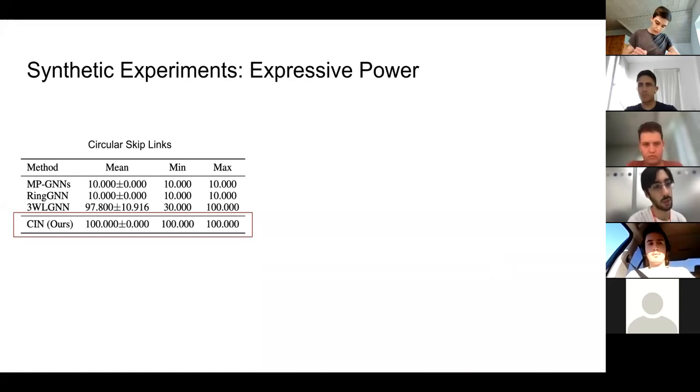Whereas if we use a more expressive method, then we can actually disambiguate between all possible pairs. And this is what happens in practice with our model. We are able to distinguish all possible isomorphism classes in this data set by using a ring lifting procedure.